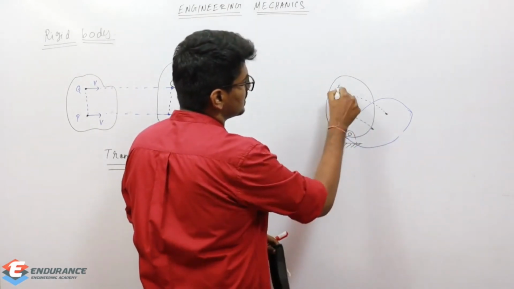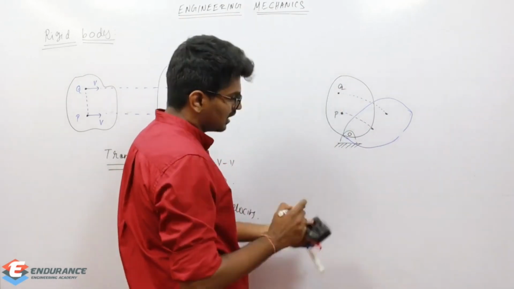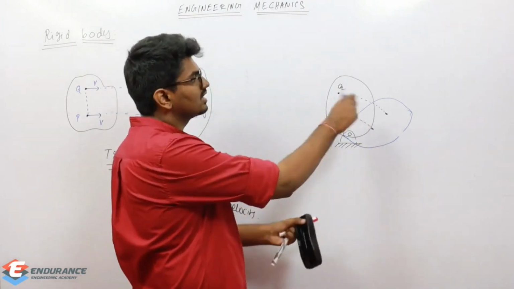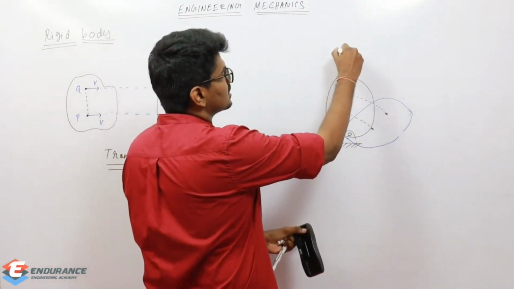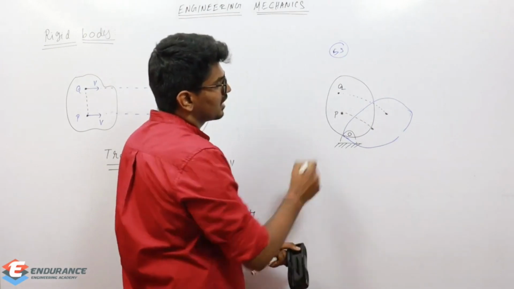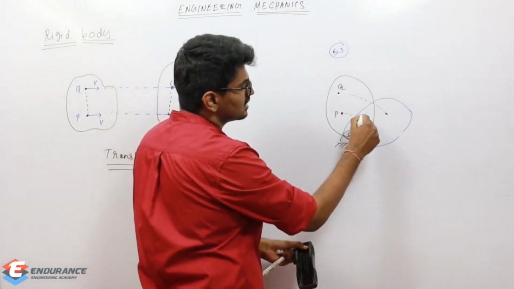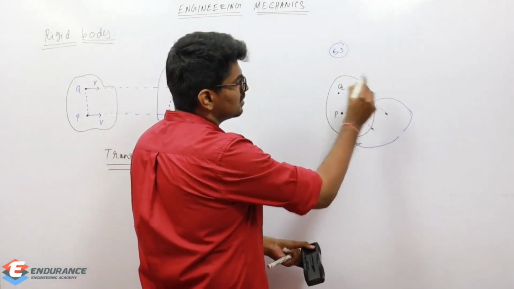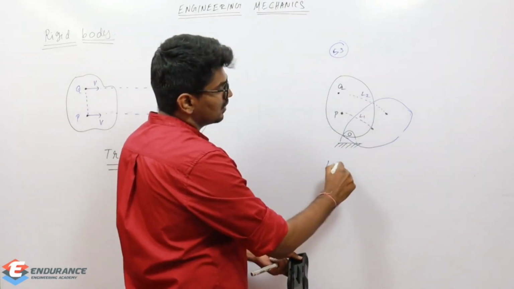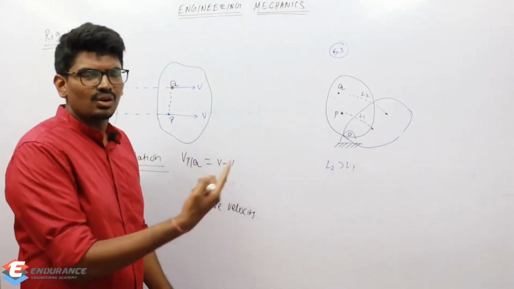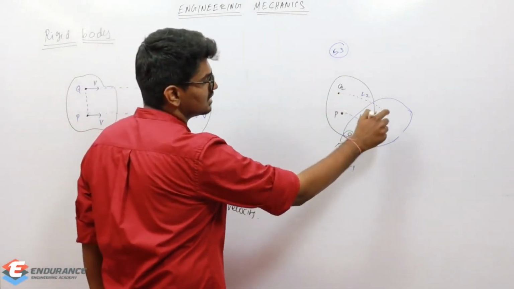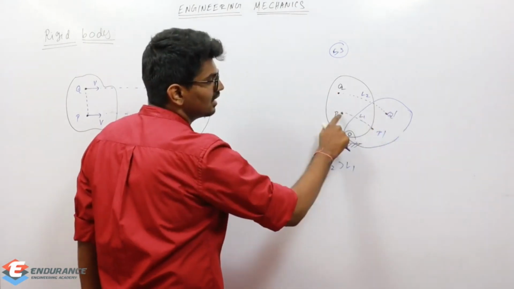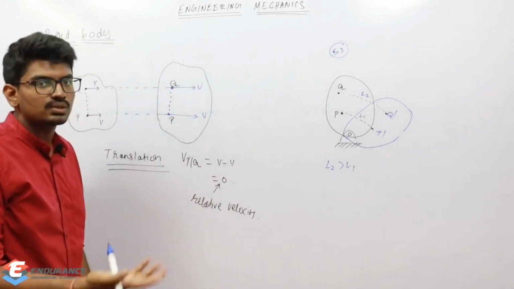Let this be P and let this be Q. Obviously you could see that in a given time, for example, I am rotating it in 5 seconds, point P is traveling a distance, let it be L1, and point Q is traveling a distance, let it be L2, and we clearly know L2 is greater than L1. It's very obvious, right? This distance, let it be Q dash, let it be P dash. This distance is greater than this distance, so L2 is greater than L1.